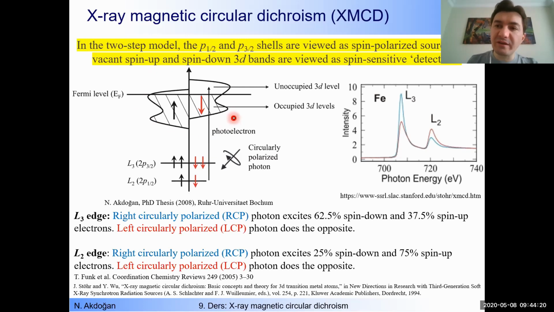In the case of non-magnetic materials, for example copper, the 3D level is completely filled with electrons. We have 5 spin-up electrons and 5 spin-down electrons in the 3D level. So all of the levels are occupied, right?